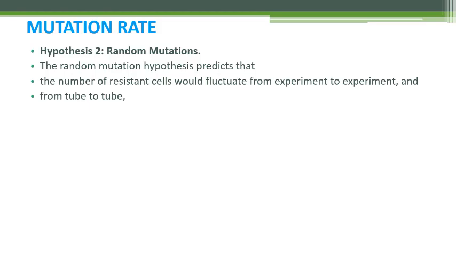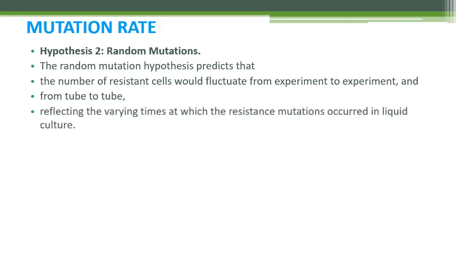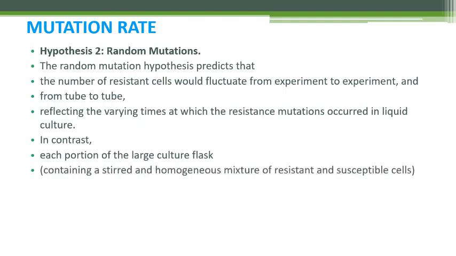So we have two experiments, one with a large flask, the control, and other independent culture tubes, reflecting the varying times at which the resistance mutations occurred in the liquid culture. In each tube, we have seen that the number of colonies was different.